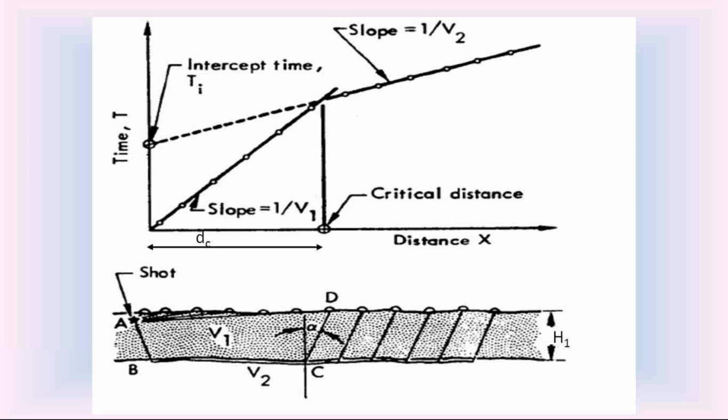Since here we have two soil layers, observe this diagram. We assume there are two soil layers below the ground. The first soil layer is of thickness h1 and the second soil layer is of some other thickness. In the first soil layer, the shock waves travel with velocity v1, and in the second soil layer, with velocity v2.